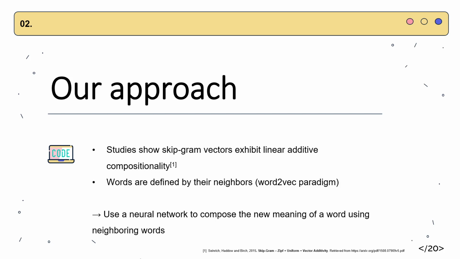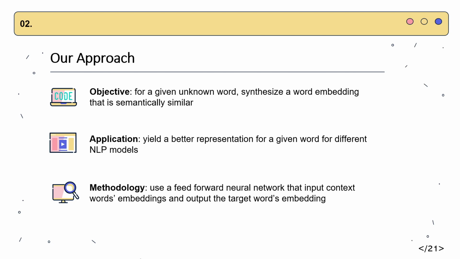So we propose to use a neural network to compose the new meaning of a word using its neighboring words. The objective of the approach is that for a given unknown word, we synthesize a word embedding that is semantically similar. This is important because it can yield a better representation for a given word for different NLP models. And we can use a feed-forward neural network that takes context word embeddings as input and outputs the target word embeddings.